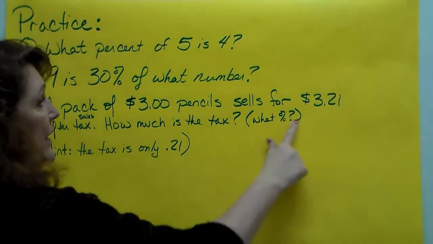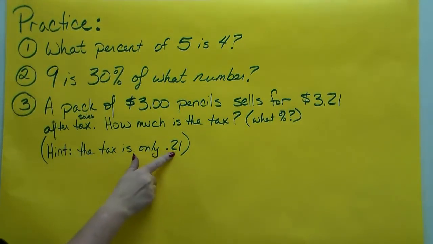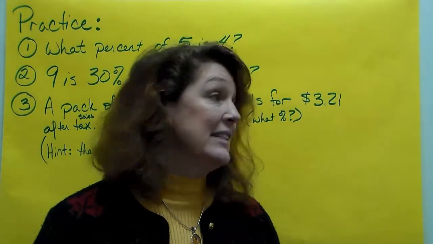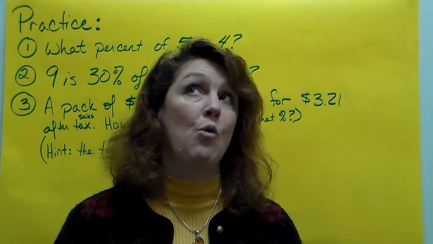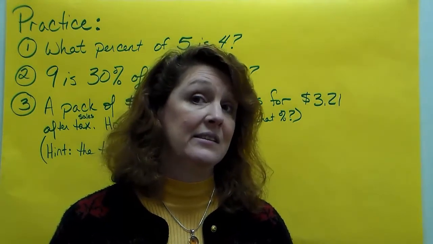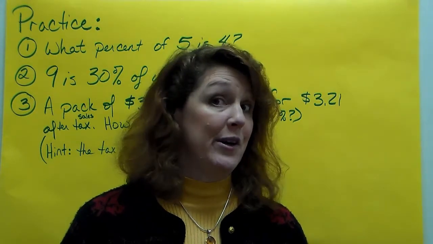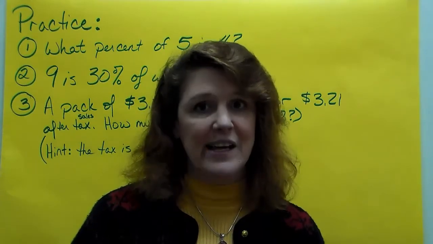So the question really is, what is the percent? But I need you to understand the tax itself is only 21 cents. It's not $3.21. So what's the percent? 21 cents is what percent of $3? Got it? Give it a try, see how it works, and I will see you tomorrow.